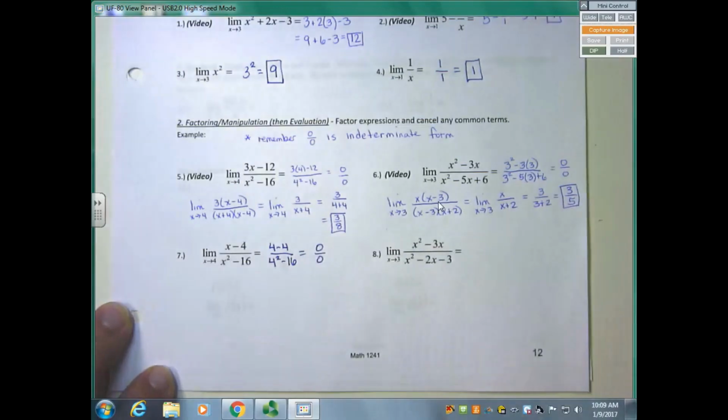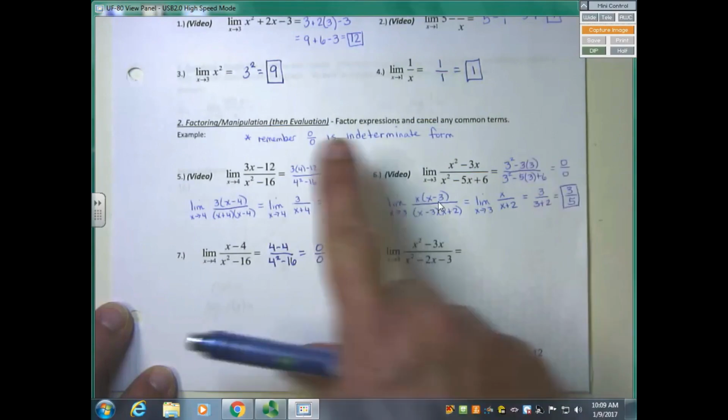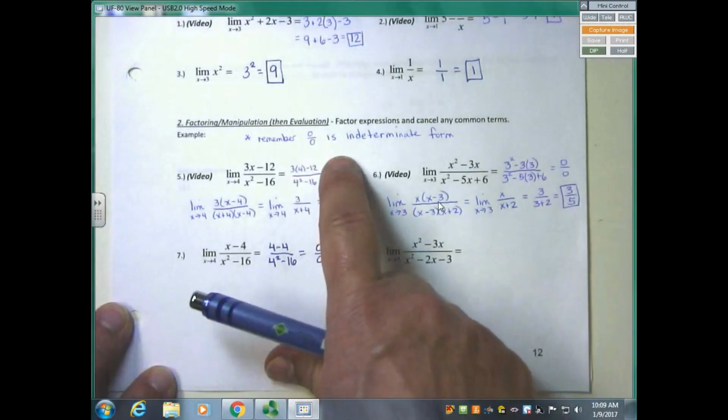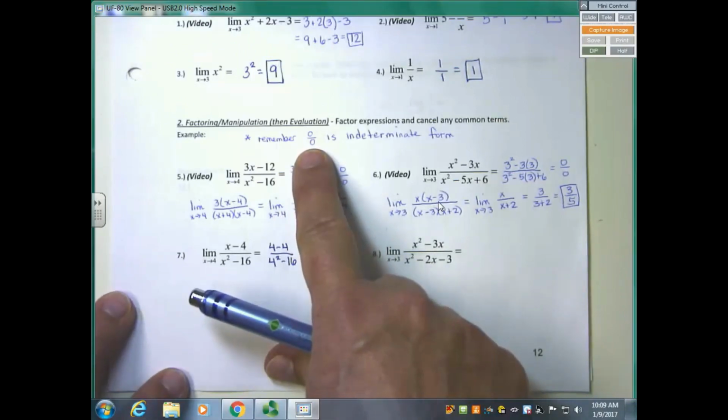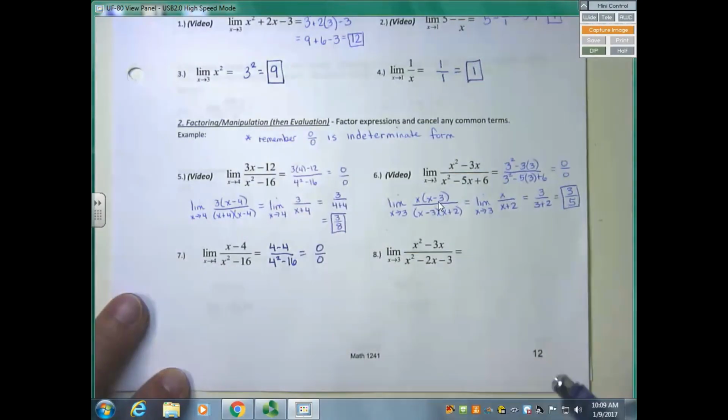That tells you a lot, so that's why you want to do this. If you get 0 over 0, that's that indeterminate form. That tells you that you will get a numerical answer for your limit. There is an answer out there. Okay? But all that means is you've got a different way to work it. So there's lots of ways to do that. That's what we're going to be working on for the first few days.